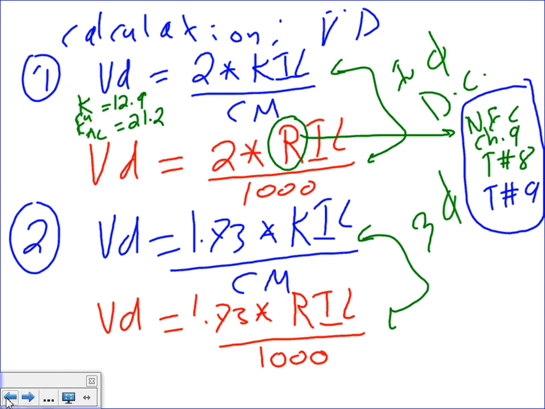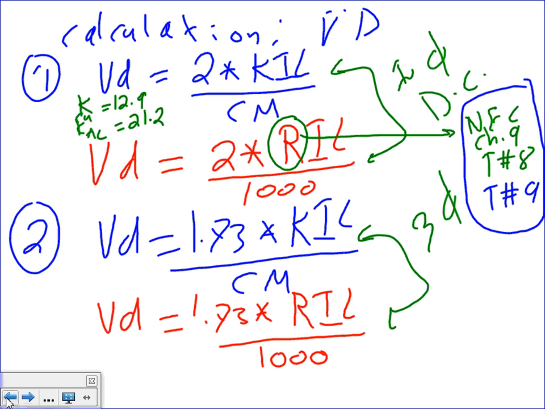CM, if you're using the R, CM is incorporated in the R. That's why we use the R. If you're using R, you do not need the CM, because R is the resistance of the conductor, which incorporates the CM, the cross-section area of the conductor. So either you use CM or R. You can't use both of them at the same time.